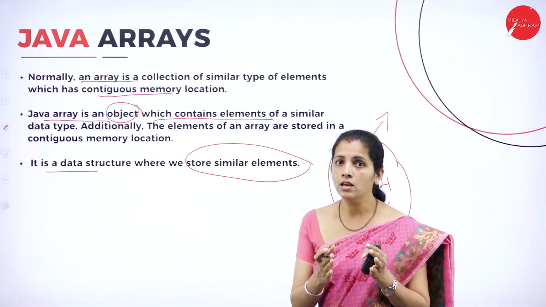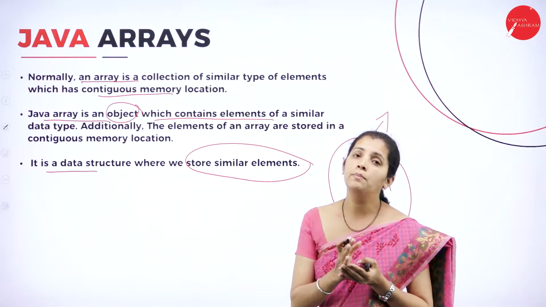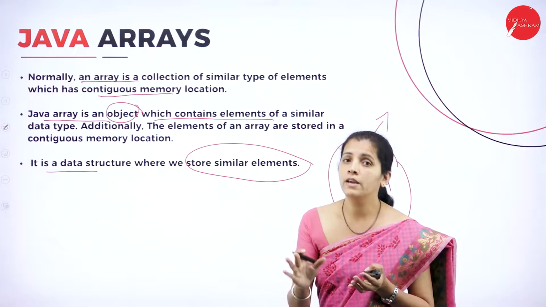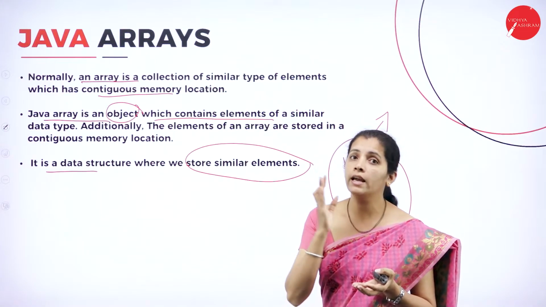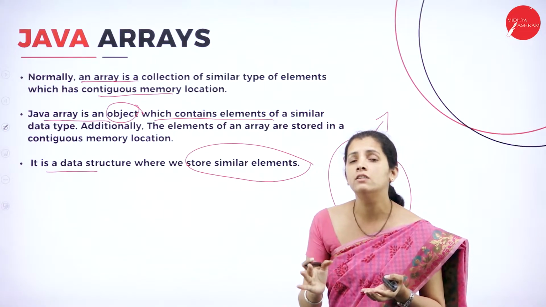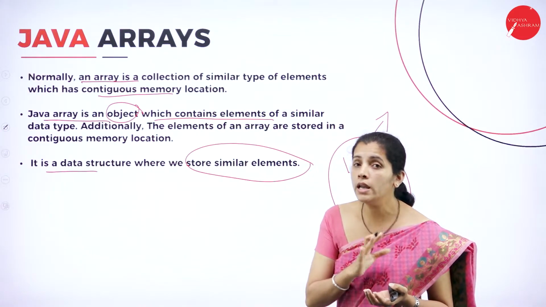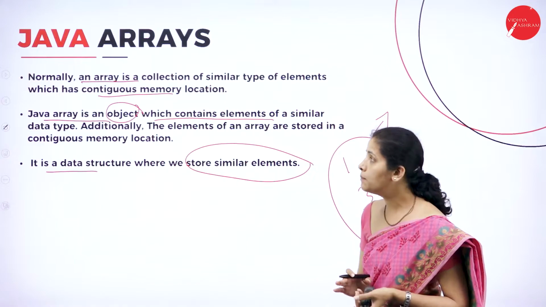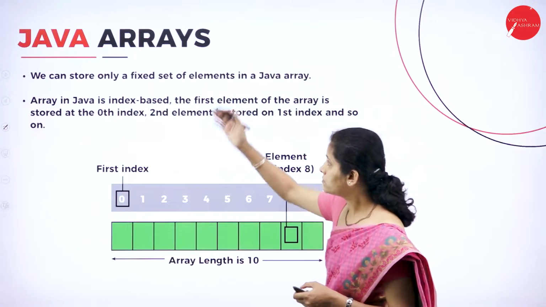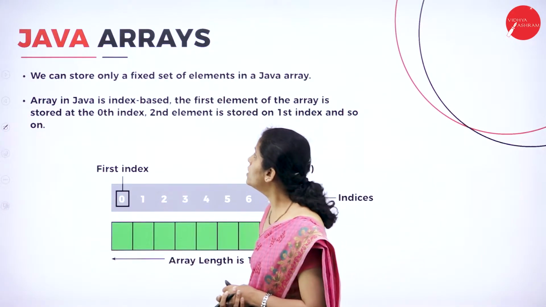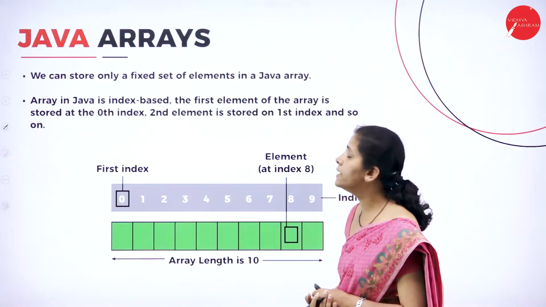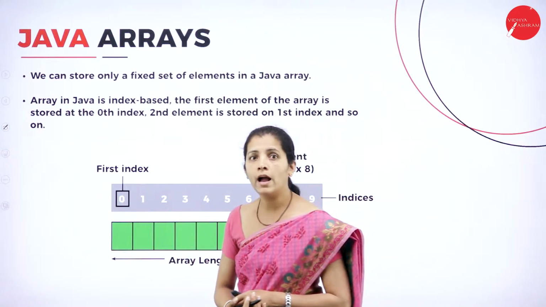If I'm having characters, then I can have only characters. If I'm having integers, then I can have only integers. If I'm having floating point, then I can have only floating point numbers. Now, we can store only a fixed set of elements in a Java array.